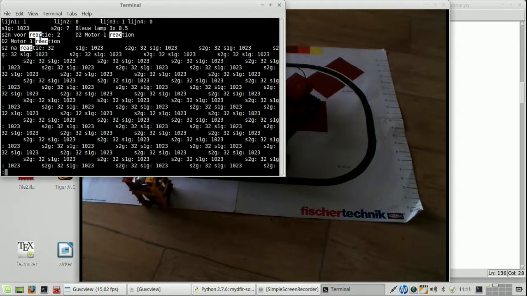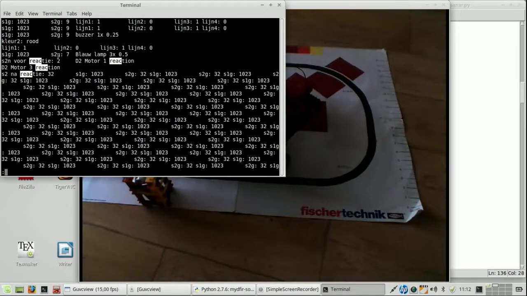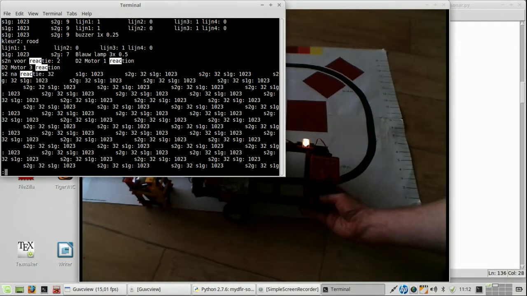Reaction at 2. Reaction, after reaction 32. This is inconsistent. Very much inconsistent. Let's do it again.